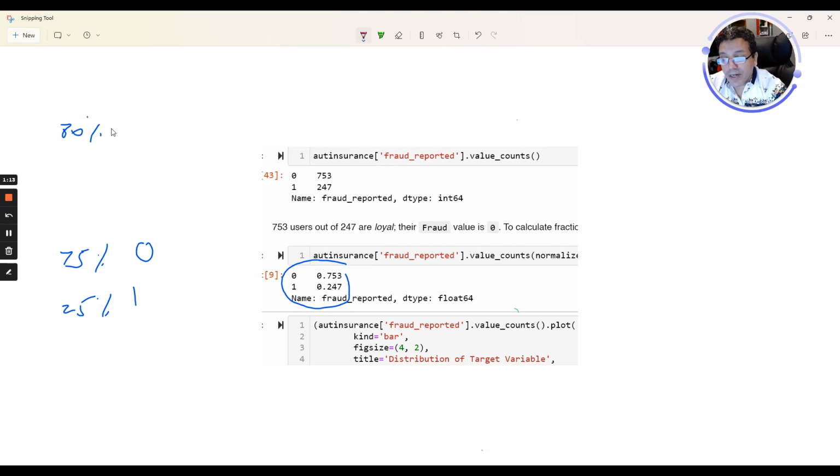But if you are comparing 80% to what you already have in the data, what we call the dummy model or the base model, I think 80% is good. 85 is good, 90 is good. Anything that is above 75 is going to be good. And we are going to learn this later, once we get into machine learning.